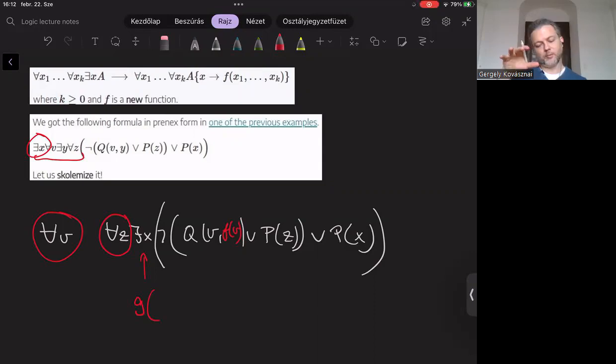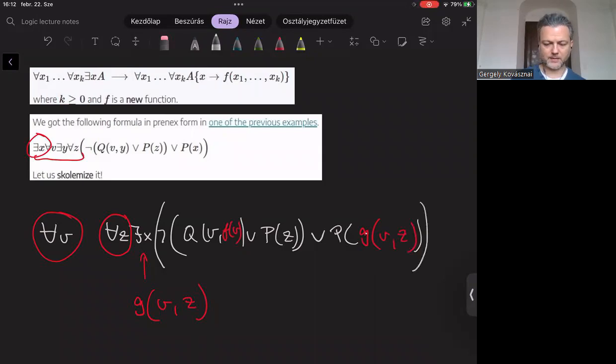So we must put both of their variables into the parameter list of g. Therefore, we must substitute x with g of v and z, and then we can eliminate the exists x quantifier. So if we start with that order of the quantifiers, this would be the result.